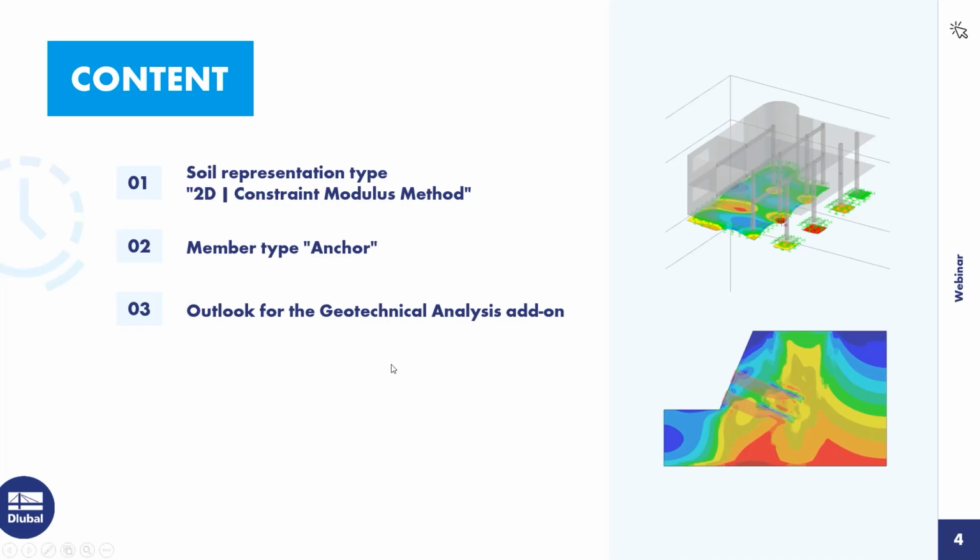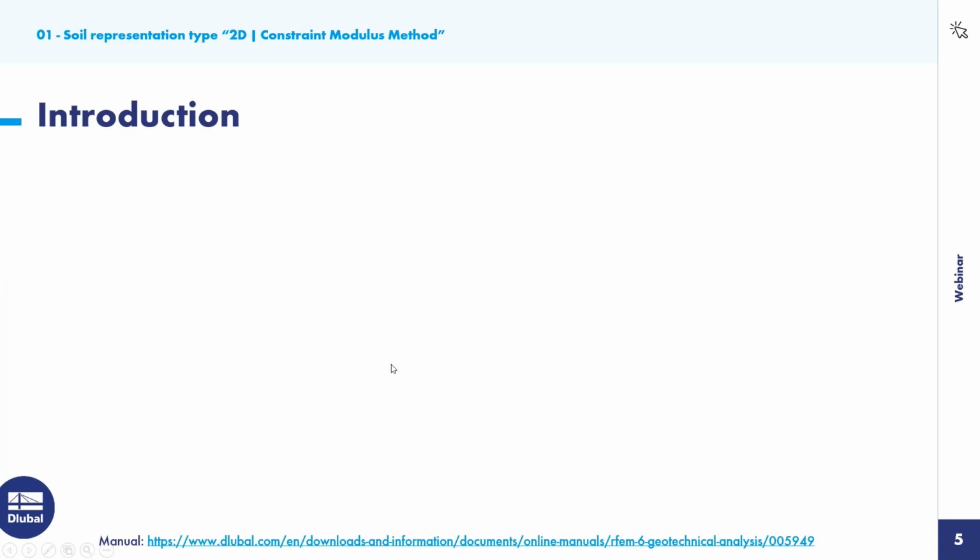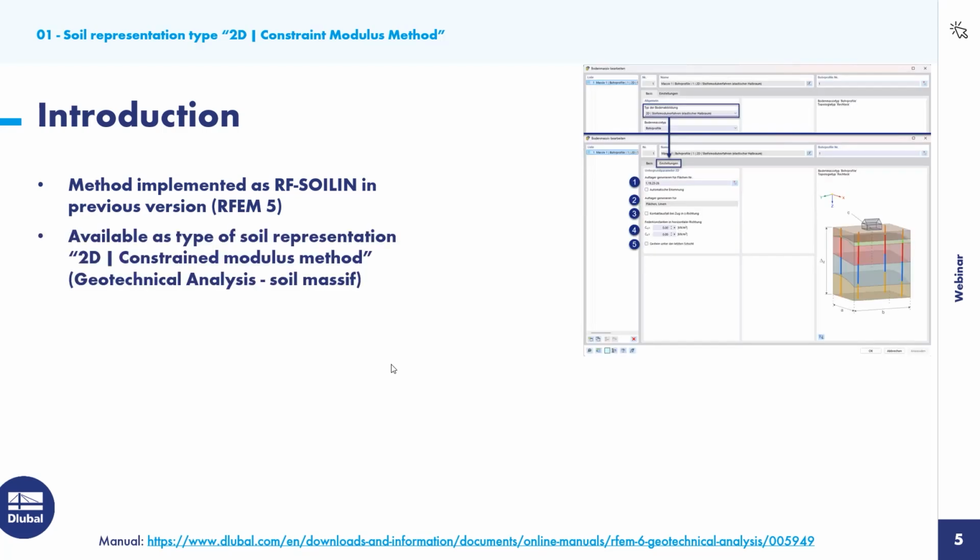So now we start with the new 2D Constraint Modulus Method. This was a former version of RFEM 5, implemented as RF-SOILIN. Now it is available as a 2D Constraint Modulus Method.